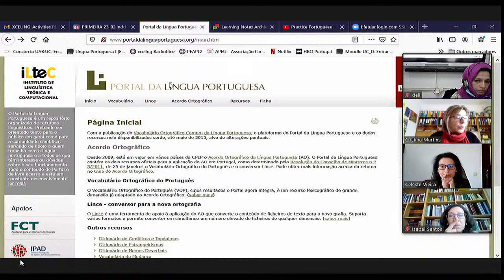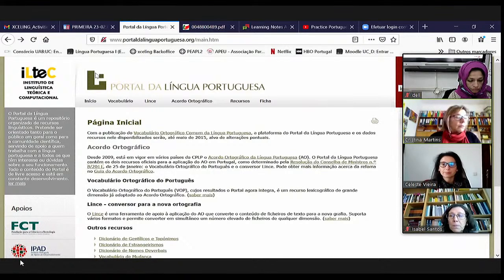But the Portal da Língua Portuguesa allows much more than just checking the general rules of spelling. More importantly, you can do a spelling check for a specific word that gives you all kinds of other useful information regarding that word.